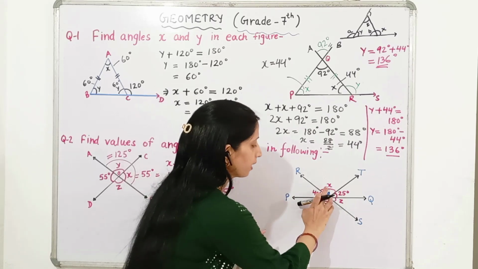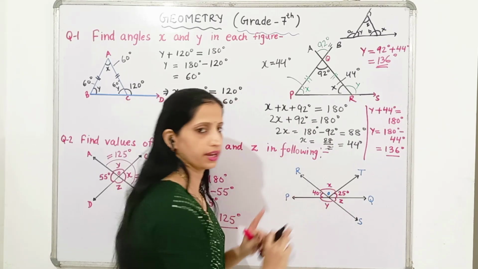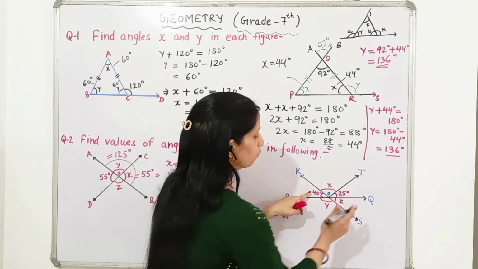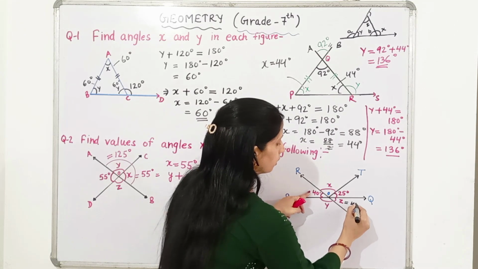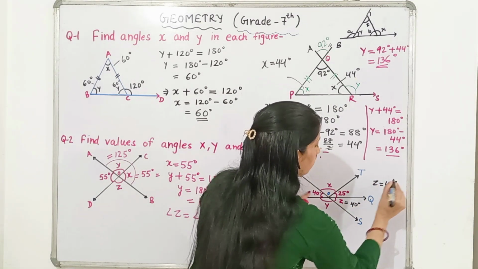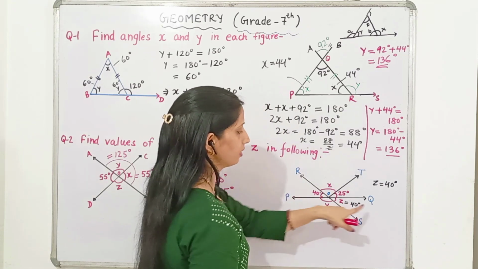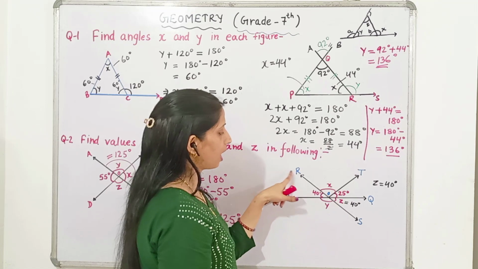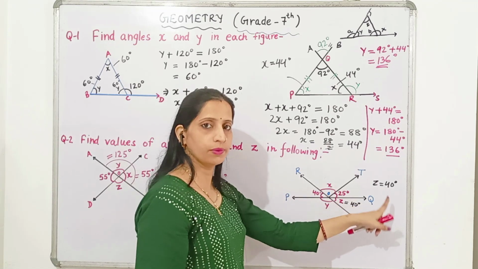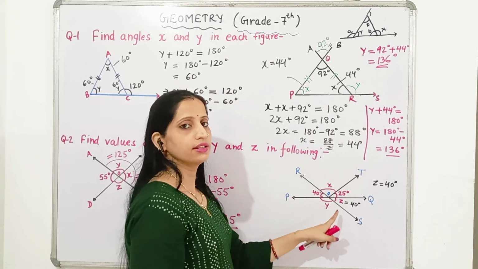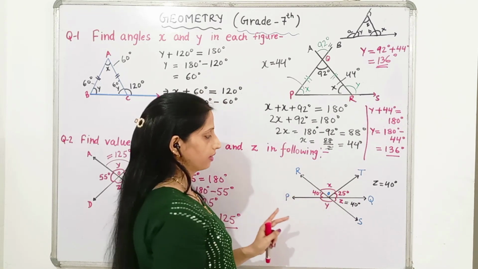Okay, and this angle x plus 25 will be equal to y. Now let's begin from the simplest one. This we know is 40 degrees, so z will be 40 degrees. We got z, z will be equal to 40 degrees because angle QOS will be equal to angle ROP. In brackets you will mention that these two lines are intersecting each other and these are vertically opposite angles.